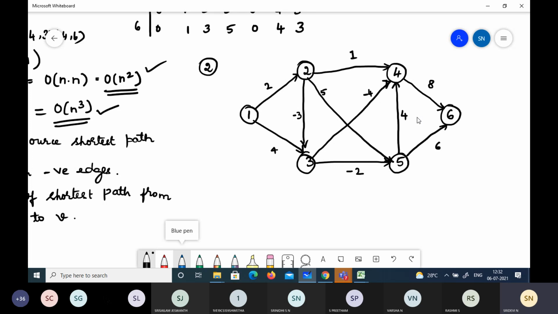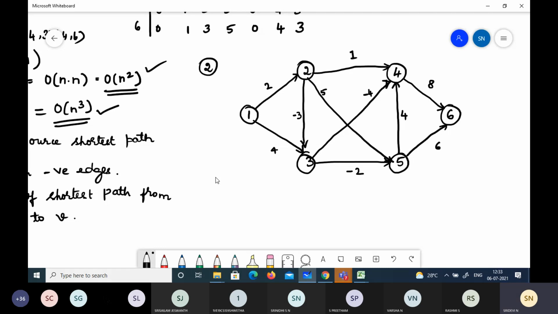Is everybody noting down the question? You should answer. Yes, ma'am. Note down the problem and start solving it.